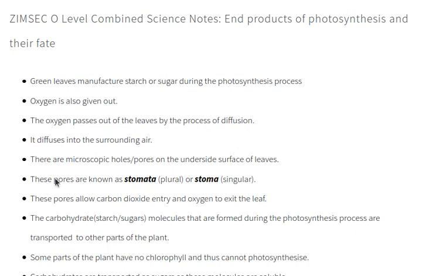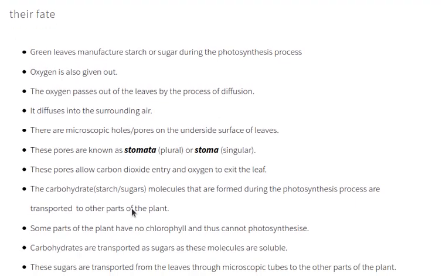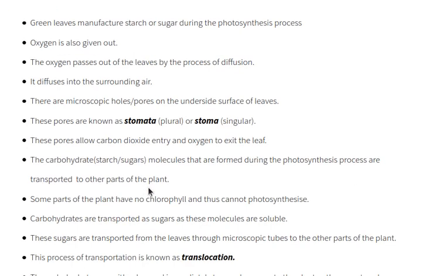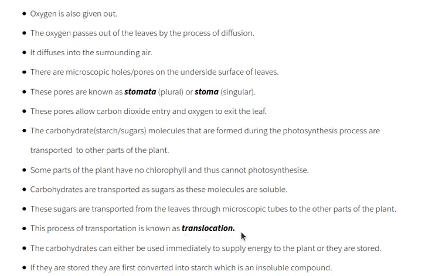And we talked again about carbohydrates, saying that they're going to be transported to all parts of the plant as sugars, or they're going to be stored as starch, because starch is insoluble, but sugars are soluble, right? And we mentioned that they are transported through the process called translocation in the phloem vessels. We called them microscopic tubes in this lesson, right? That's pretty much it. Let's meet again in the next lesson.